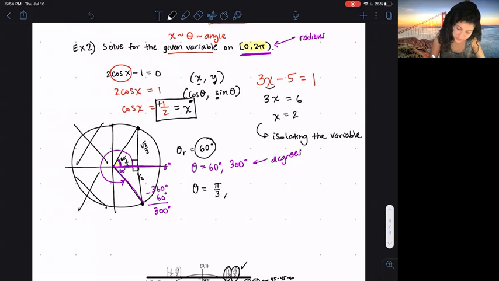So you're going to write it as blank times 60 degrees. We need to figure out what times 60 degrees gives me 300. Or in other words, how many times does 60 degrees go into 300? The answer is 5. So if 300 is 5 times 60 degrees, that means it's 5 times pi over 3, or just 5 pi over 3. And guess what? We're done.